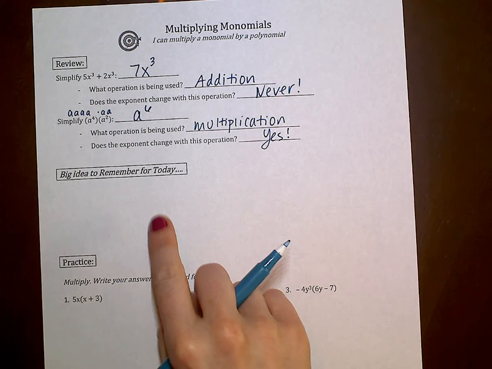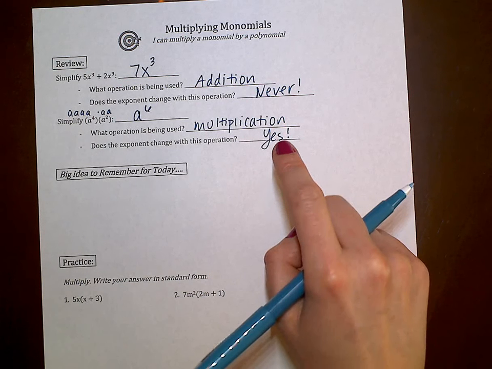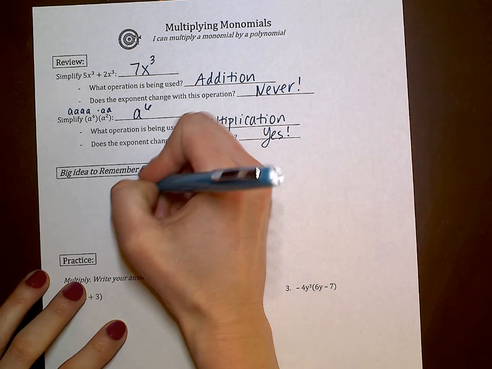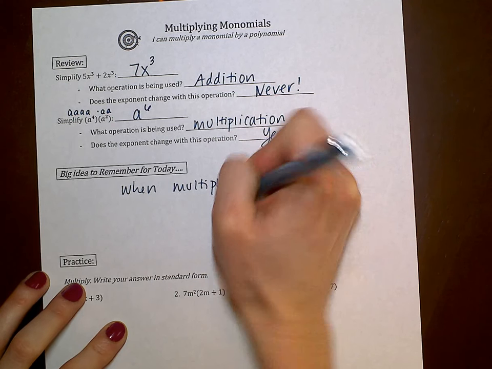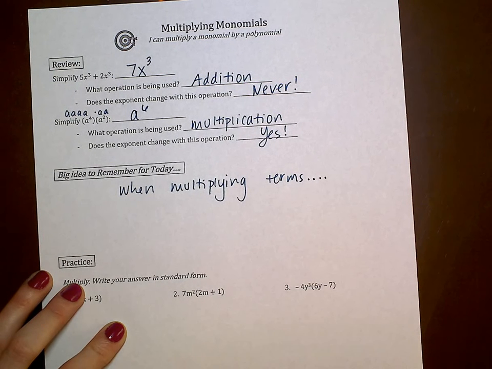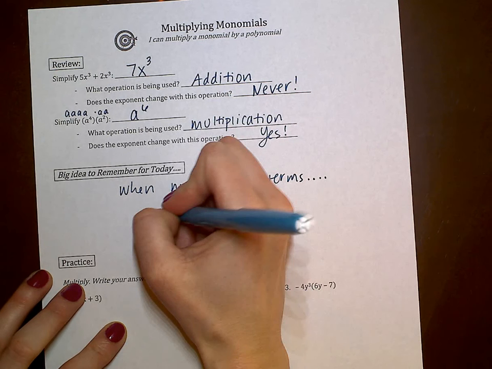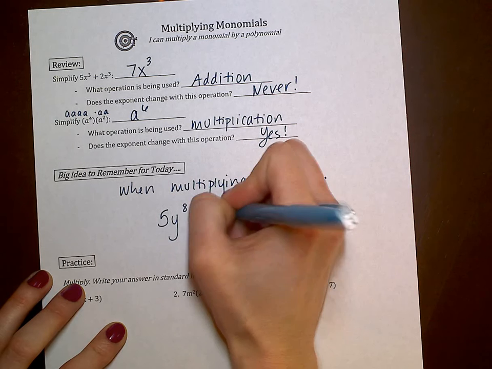Now, the big idea is what we just talked about up here. The big thing to remember is that when you're multiplying terms, and that's what we're doing today, we're multiplying monomials. So say, for example, I've got something like 5y to the 8th times 2y to the 4th.